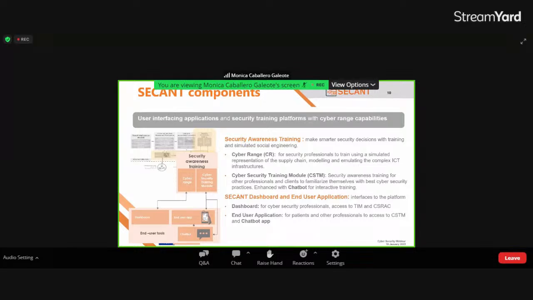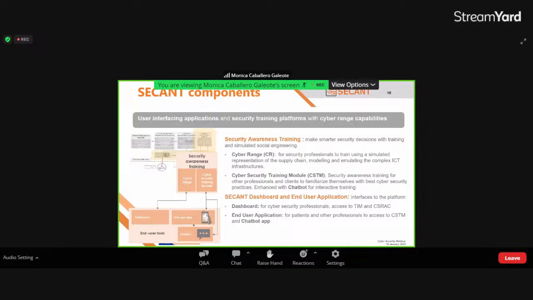And the other model is a security awareness training platform that is more addressed to health professionals, patients, and any other stakeholders involved in the supply chain.